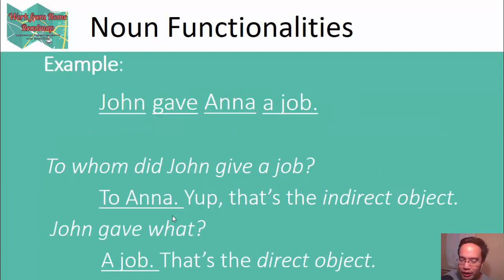So if we go back to our example earlier, John gave Anna a job. To whom did John give a job? To Anna. And that's the indirect object. John gave what? A job.